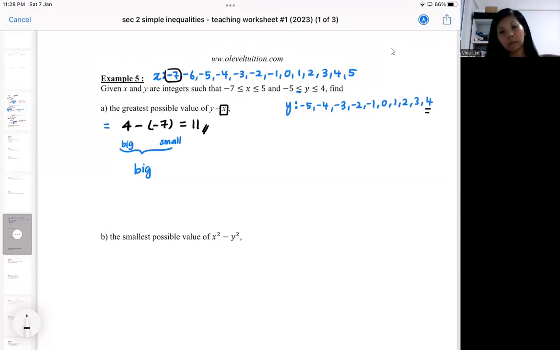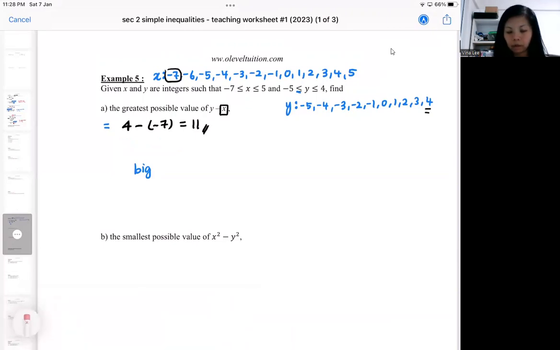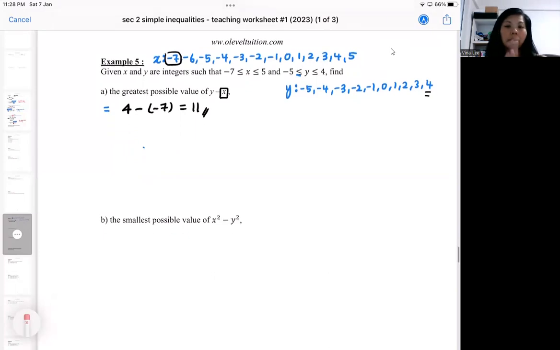So you got to use some common sense. Okay, find the biggest difference. So this one involves some trial and error, and sometimes you might miss out certain numbers. So when you get an answer already, you got to ask yourself, can I get even bigger than this or not? So you got to choose the correct value. From y, you got to choose from x.